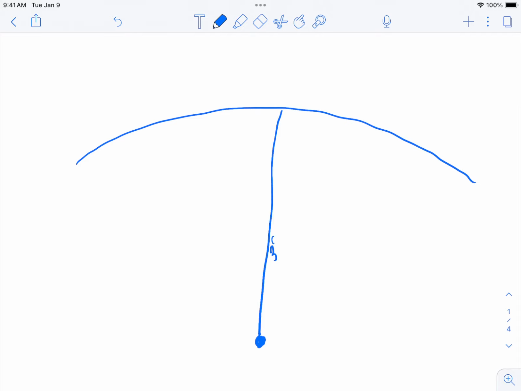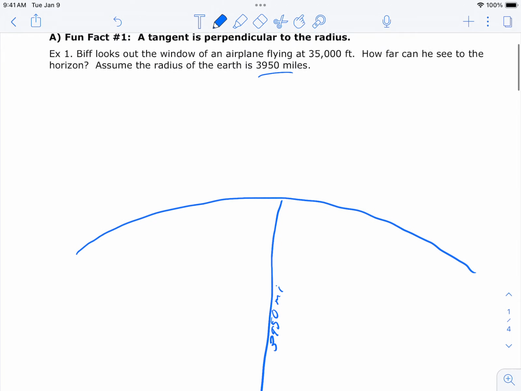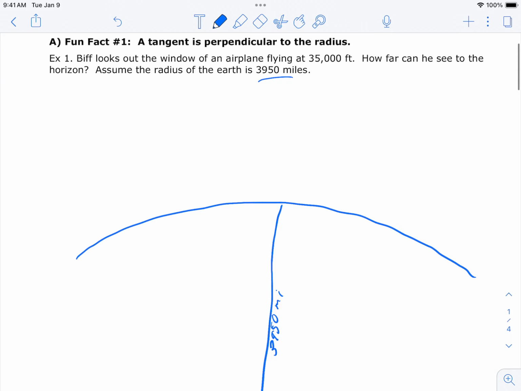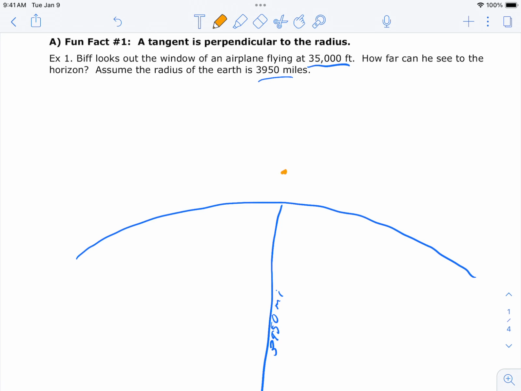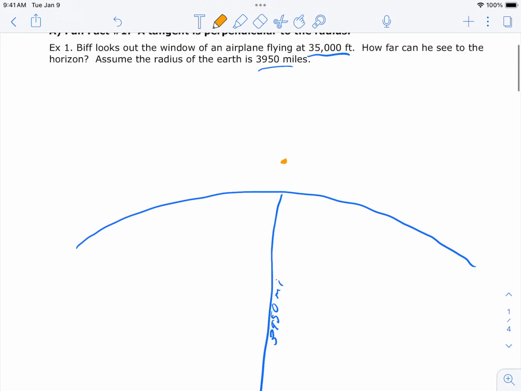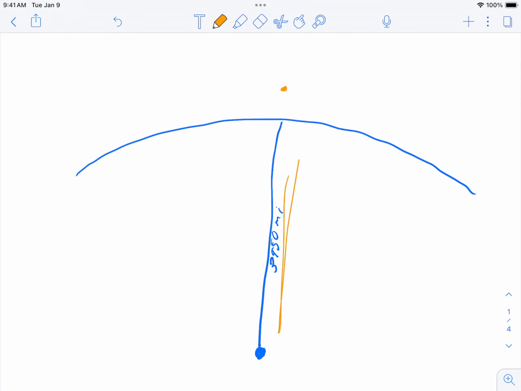So we got 3950 miles from there to the earth. Now Biff is up here above the earth by 35,000 feet, which is roughly 6 or 7 miles. So I'm going to be exaggerating this picture here. The plane isn't really this high. What's 7 miles? If this is almost 4,000, then that's obviously not 7. So this is definitely not to scale.